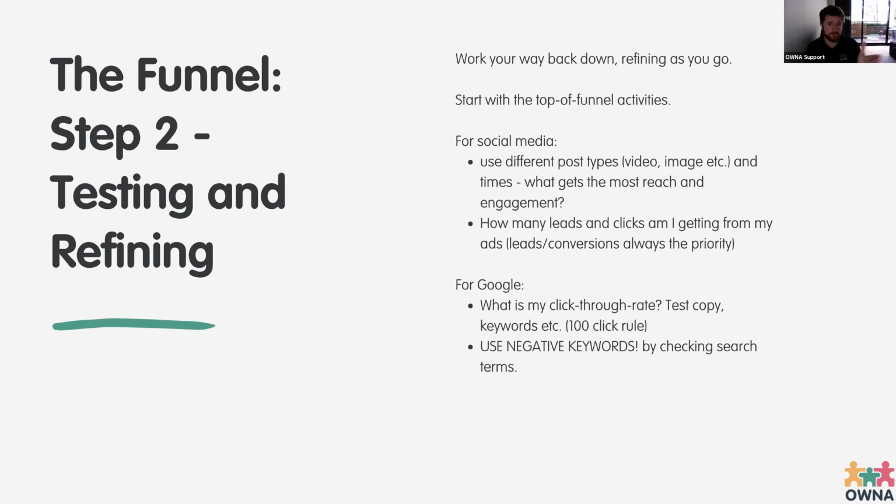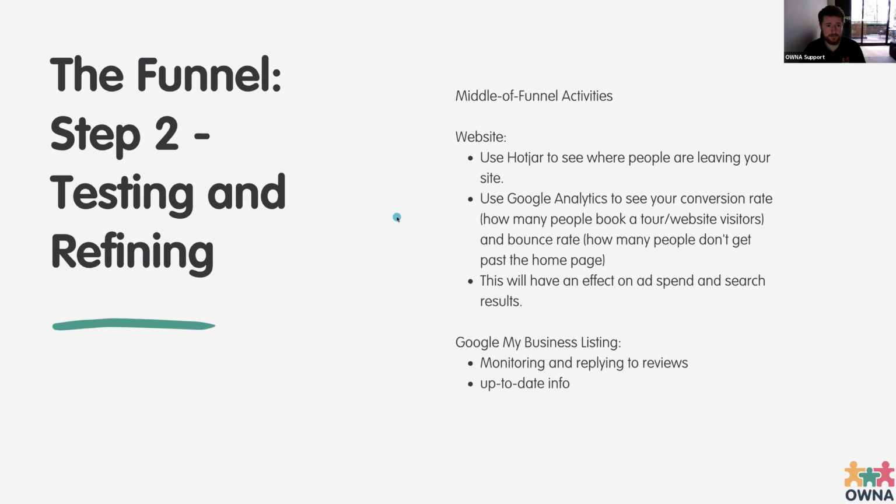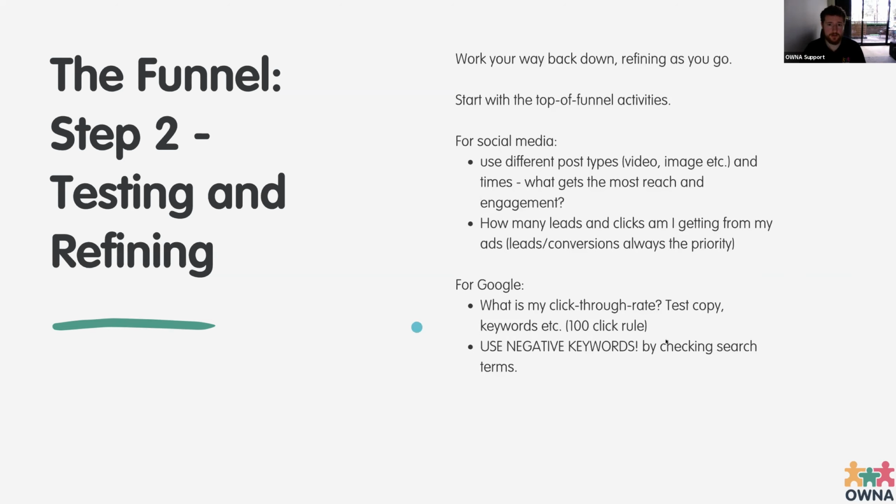So again, for this stuff that we just did, the social media stuff and then the stuff through Google, it's all about testing. So with your social media, if you are looking at the organic stuff and you're posting, use different post types.